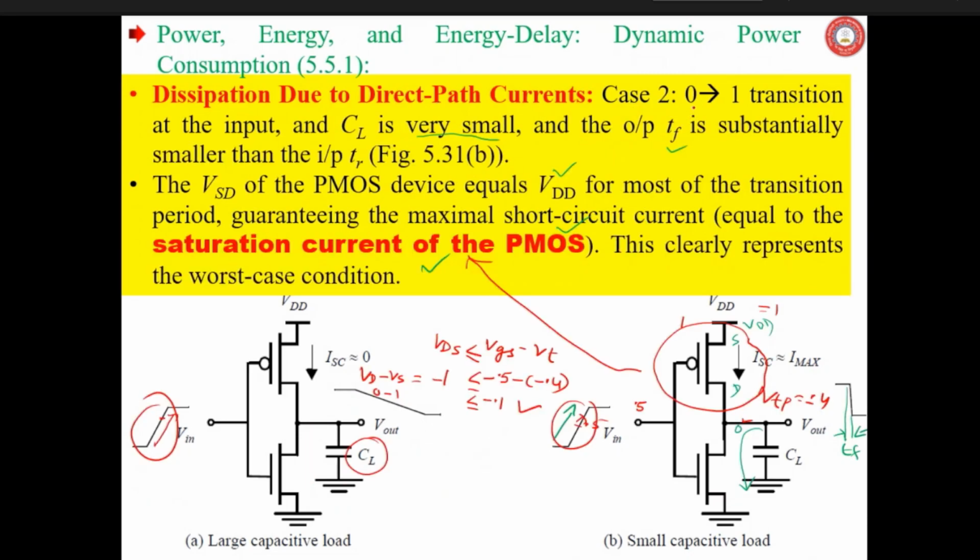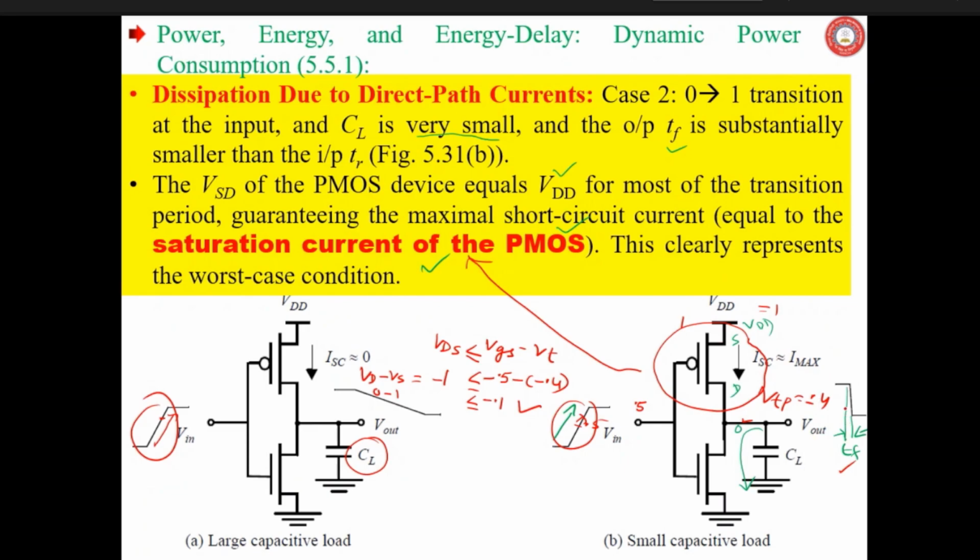Now case 2, a 0 to 1 transition at the input and the CL is very small. In that case, what will happen? The output TF is substantially smaller than the input TR. Obviously, if the value of capacitance CL is small, then it can be charged as well as discharged very quickly.